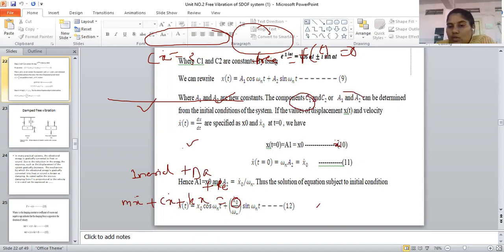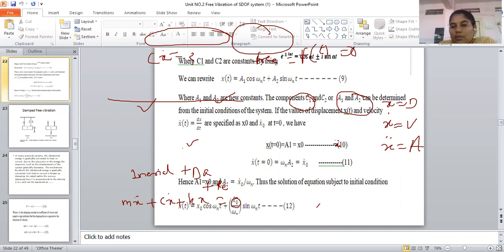The damping coefficient c changes with respect to the velocity. Here x is the displacement, x dot is the velocity, and x double dot is the acceleration. In this way, these three parameters appear with respect to the inertia force, the damping force and the restoring force, that is mx double dot, cx dot and kx.